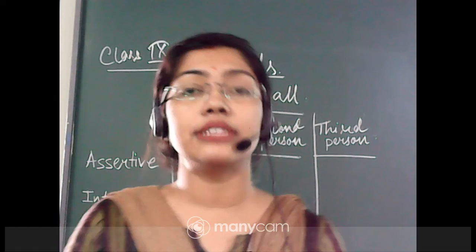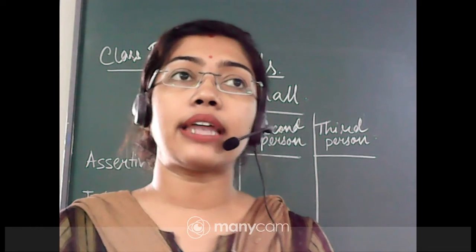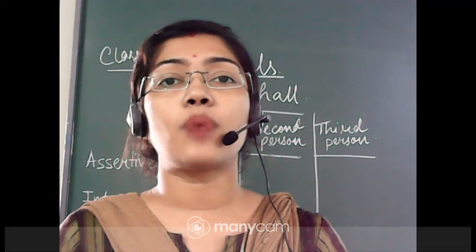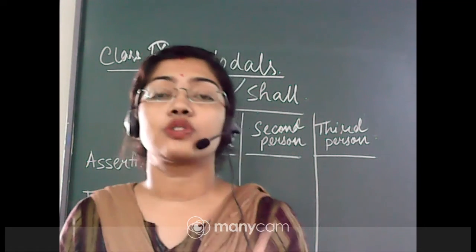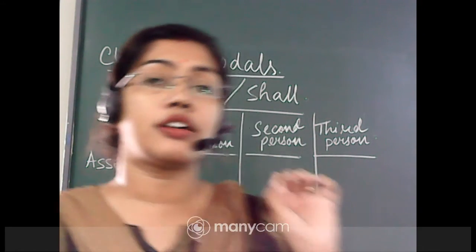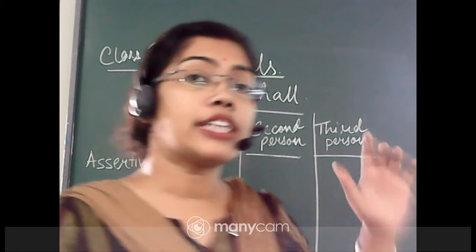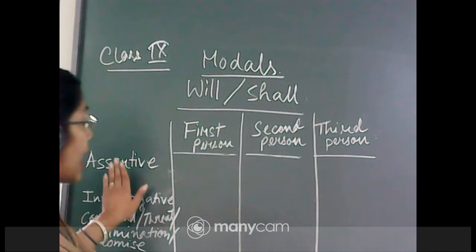In some grammar books they have made it like a rule. I said at that time that the rule was there in the previous time. Now the rules have been changed. The rules that have been changed still follow some of the traditional rules, and that is what I'm going to explain today here. So first I'm talking about the assertive.